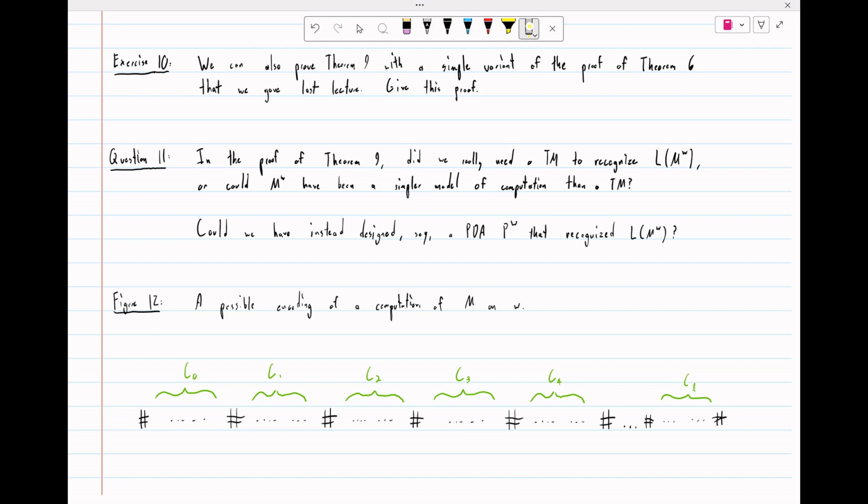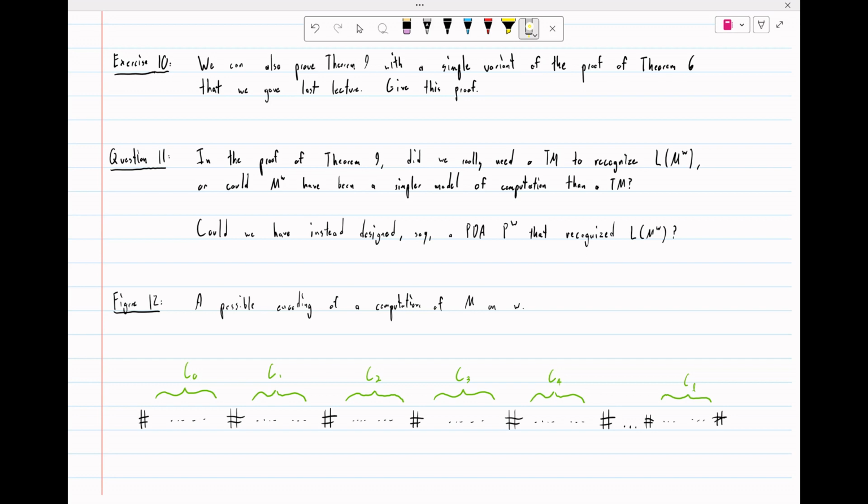What we want is for this PDA to reject when this is in fact a computation of M on W. But a PDA only rejects if all of its branches reject, in other words, if all of the conditions are met for being an accepting computation of M on W. So we have the non-determinism the right way around, and that's important.